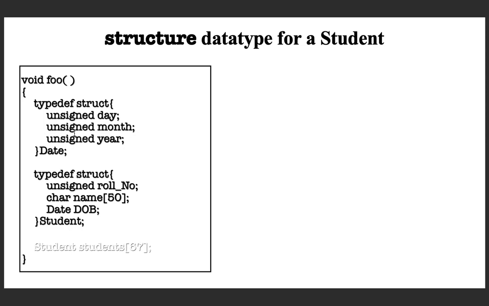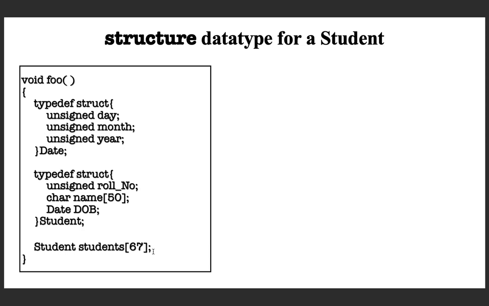Okay. Now suppose I want to maintain the details about all the students in a class of 67 students. I can declare an array of this structure. Okay, student is the new data type. I am declaring an array of students. That is, the name of the array is students. Each one is an element of this structure. Okay.